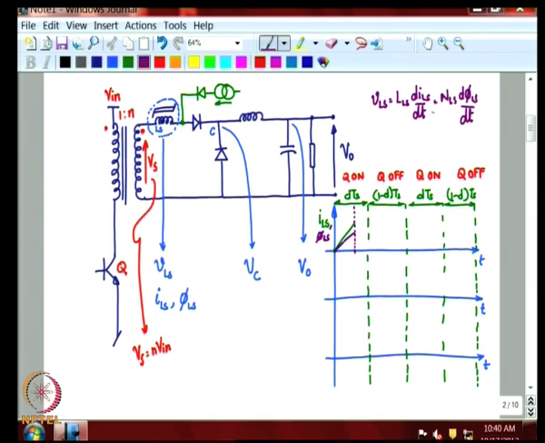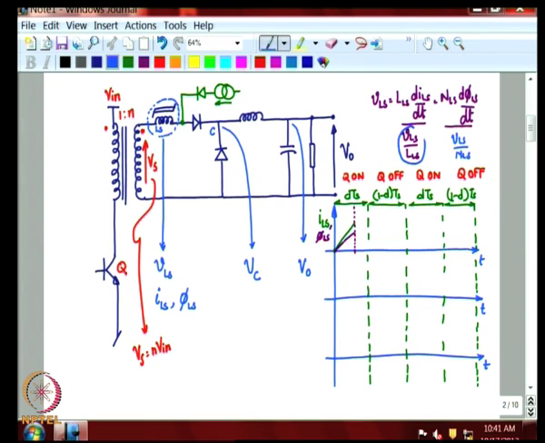So, if you look at these two equations, the rate for the current is VLS by LLS, and the rate for the flux is VLS by NLS.